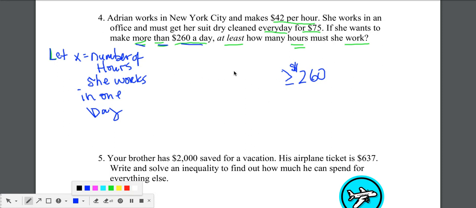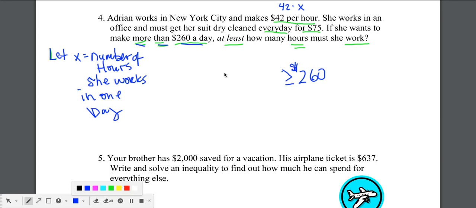So what's going to happen is we have $42 per hour that we're going to earn. So that's sort of positive money right here. If we took $42 and we were to multiply it by the number of hours that we make, that's X number of hours in one day, then that's going to equal the total amount of money that we're going to make.